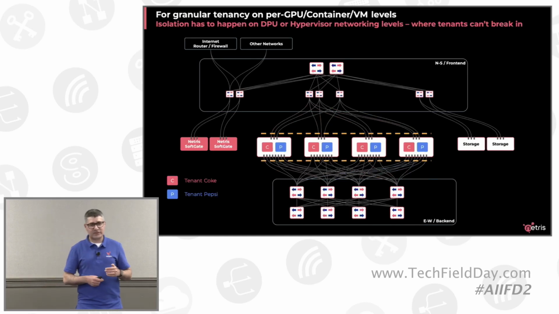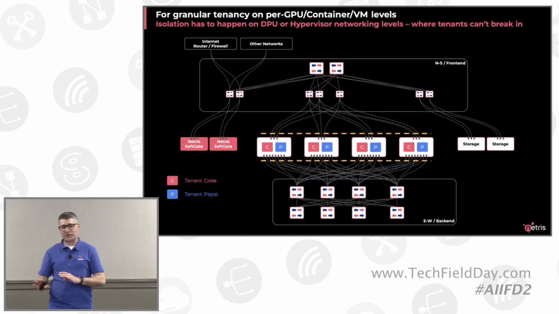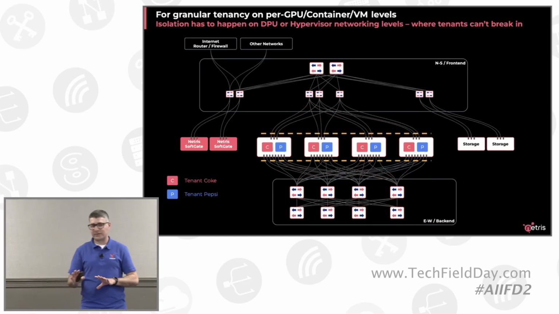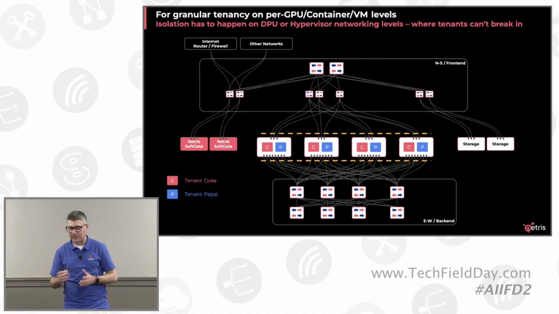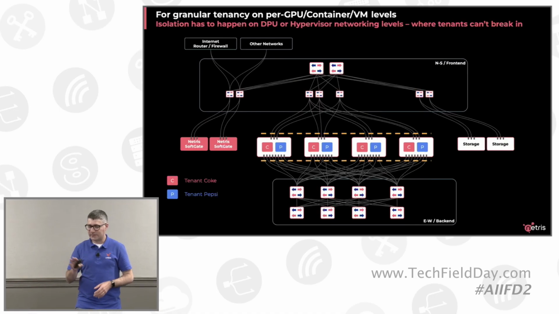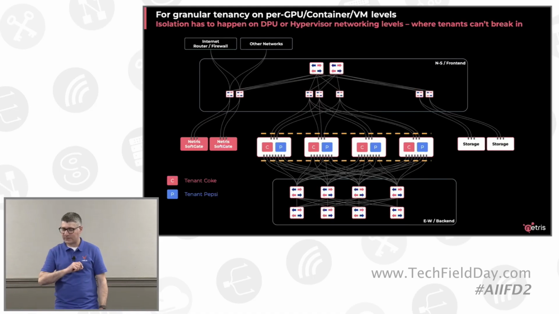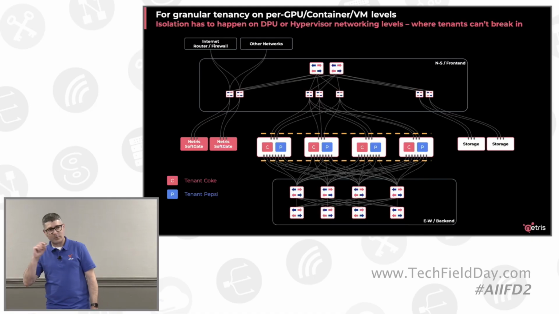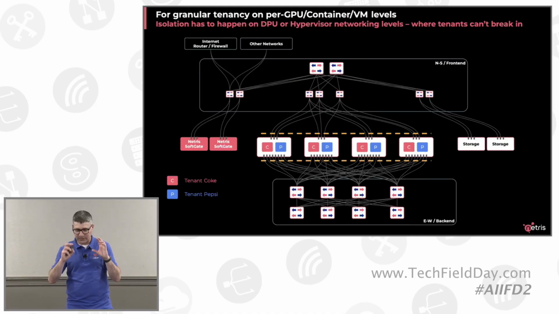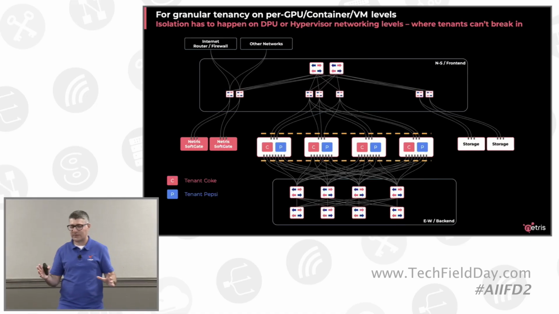Now, there's always this question of granular multi-tenancy, like how to do this per GPU, per container, per VM levels. This is done through extending VXLANs to the host. So basically, either making the entire server a participant of the VXLAN fabric, or making the DPU a participant of the VXLAN fabric.